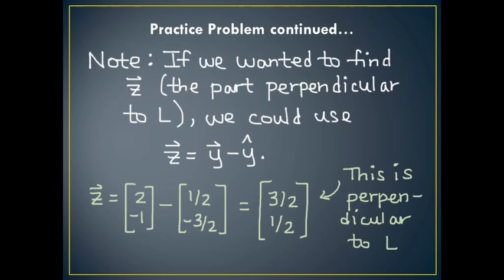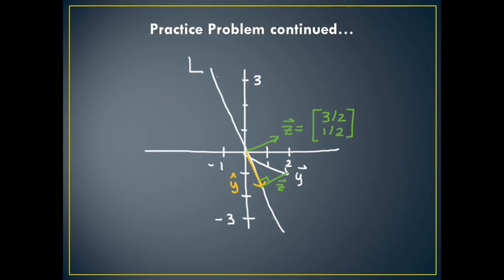Okay, let's do just a quick visual of what it looks like. You have your line, you have your vector y, you have your orthogonal projection y hat in yellow, and then you have your z, which is perpendicular to the line at 3/2, 1/2.